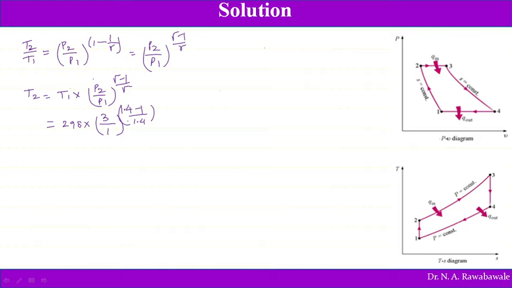On simplification we will get this temperature T2 works out to be 407.88 degree Kelvin.